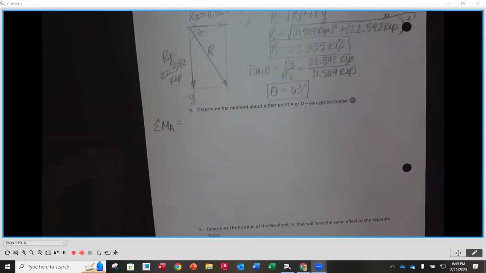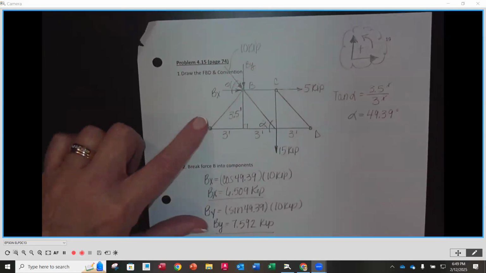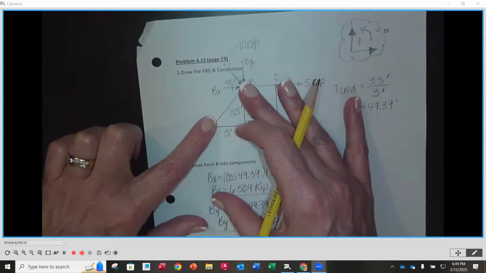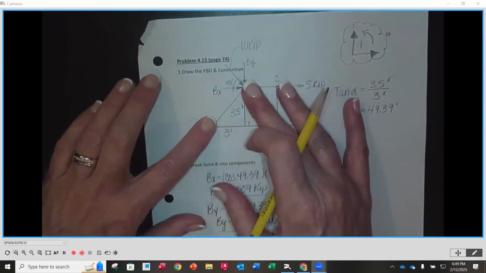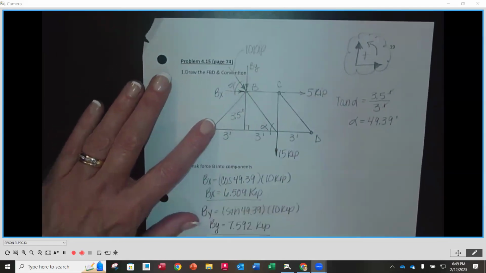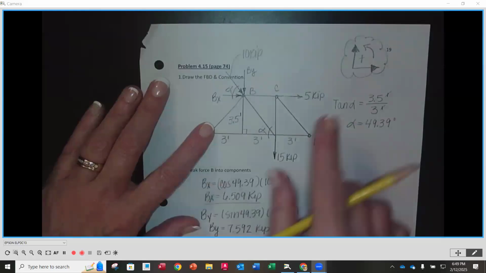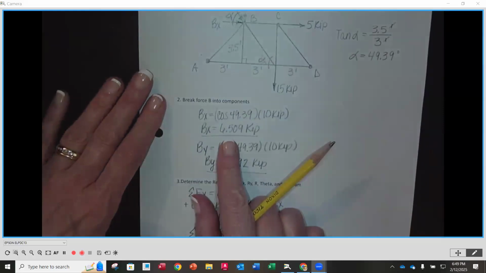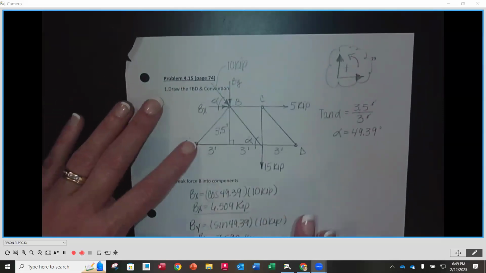Starting at A here, I'm going to go up to B. I'm going to rotate in the direction of the BX component. It causes a rotation that is clockwise, so we know that moment is going to be negative, right? The magnitude of BX, 6.509 kips, times the perpendicular distance.